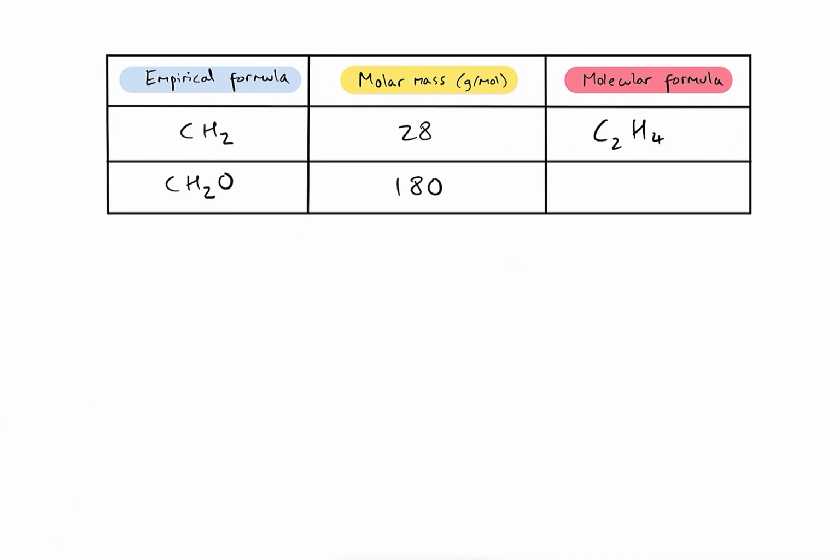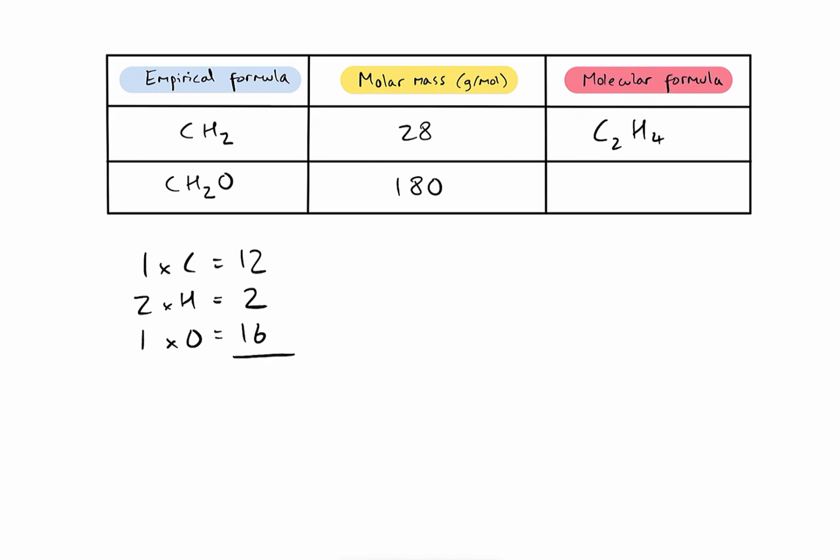Okay, same process. We're first of all going to work out a hypothetical molar mass of the empirical formula. This time I've got 1 carbon, that's 12 grams per mole. I've got 2 hydrogens again, that would be a total of 2 grams per mole, because there's 2 of them, and I've got 1 oxygen, which is going to be something like 16 grams per mole.